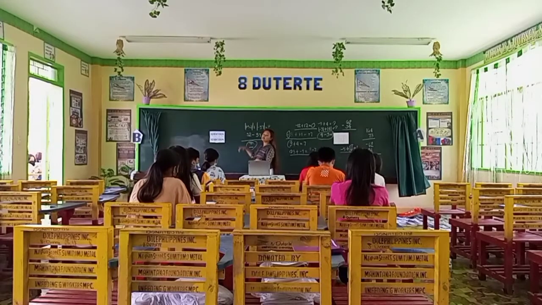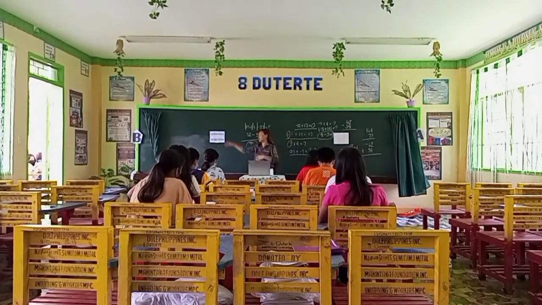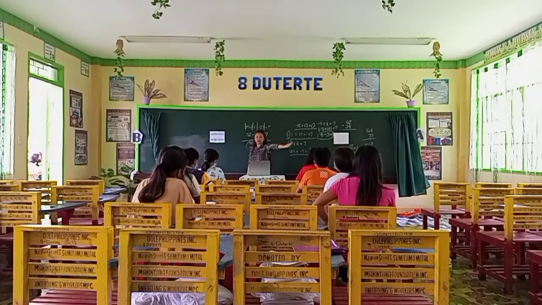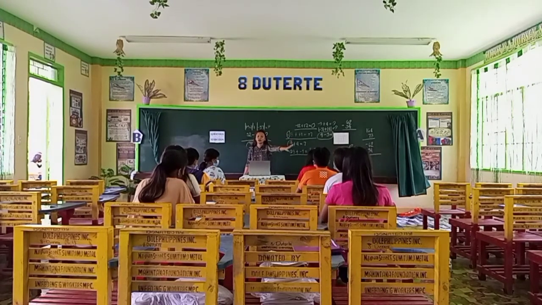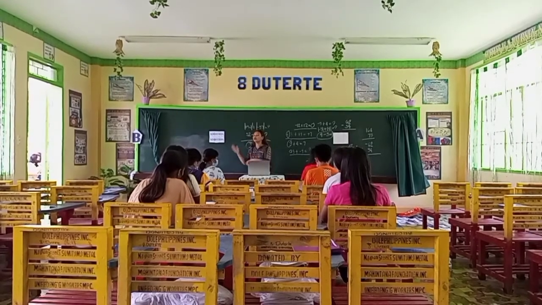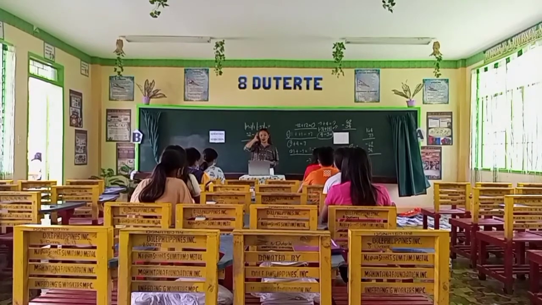As you can see, each corner of the classroom has a corresponding letter, which is A, B, C, and letter D. So I am going to read the questions and the choices, and then you're going to go to the desired letter. Kung ano yung sagutin nyo, doon kayo pupunta sa letter na yun sa corner. Okay, kuha ba?